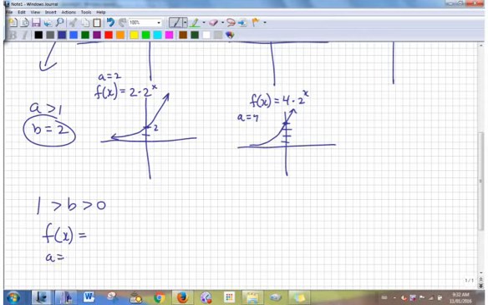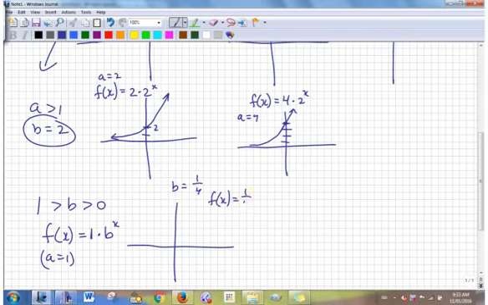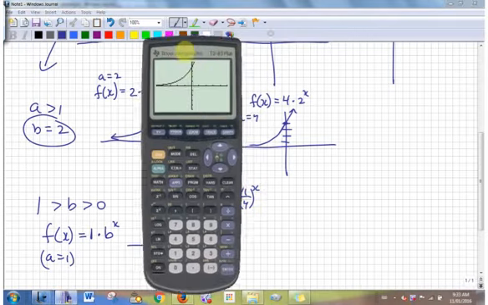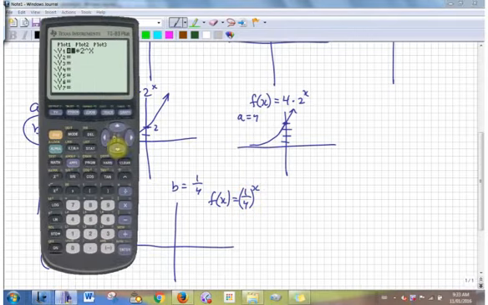Okay, I'm going to let a be 1 again. So I got 1 times b to the x, but b is going to be between 0 and 1. So let's let b be 1/4. So f of x is, a's 1, b's 1/4 to the power of x. 1/4, you got to put it in with brackets.